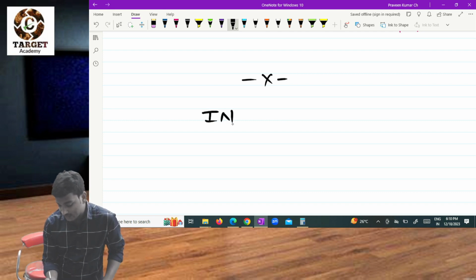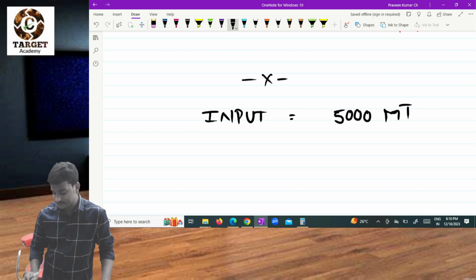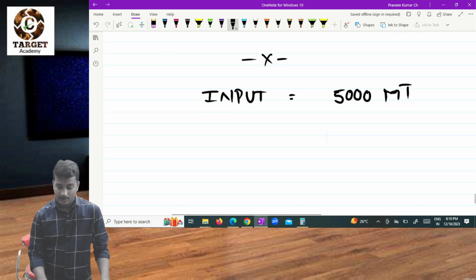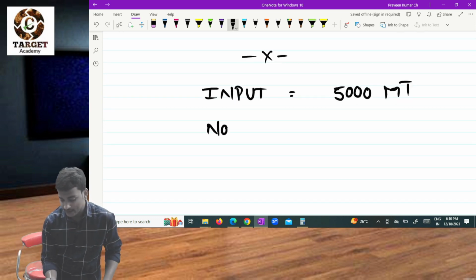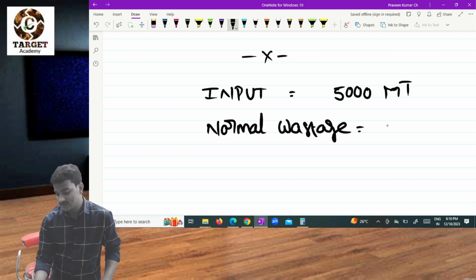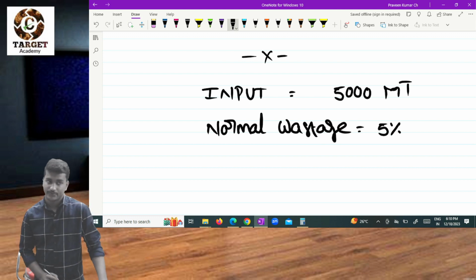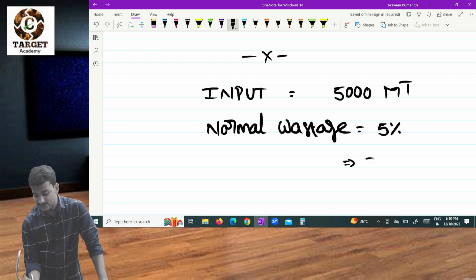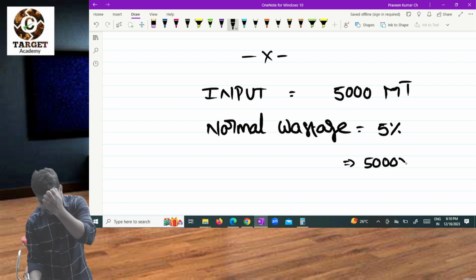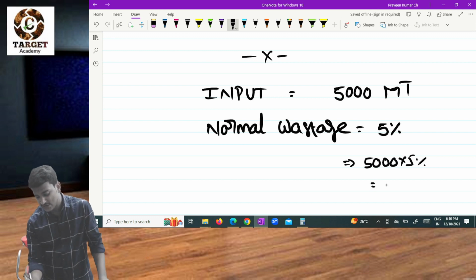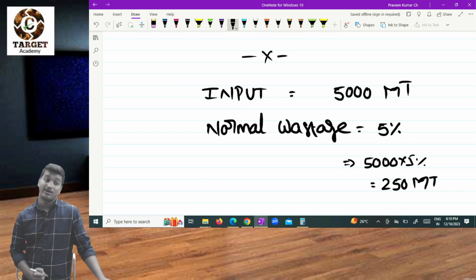The total input introduced is 5000 meters. The prediction of normal wastage, normal wastage meaning unavoidable wastage, is 5%. So if you take it in meters, 5000 into 5%, that means 250 MT. This was the normal wastage.